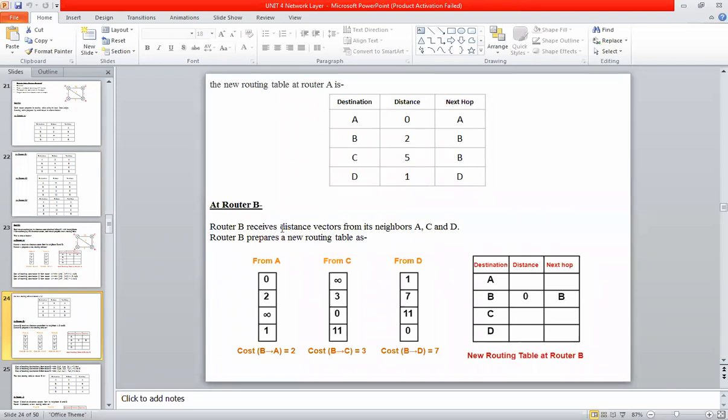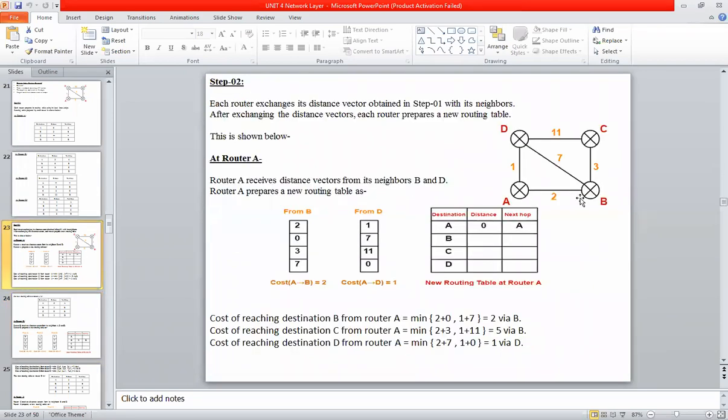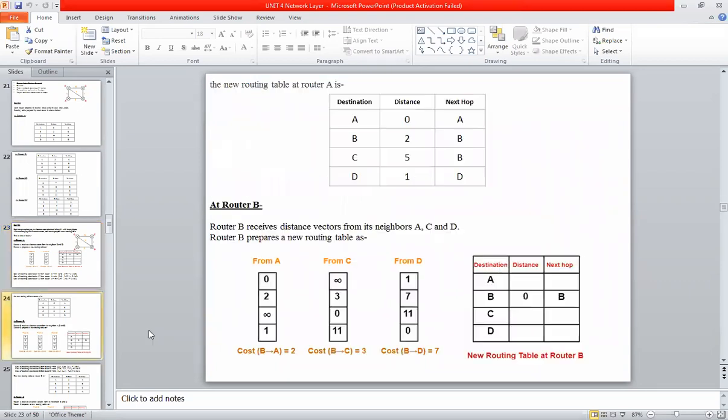Router B receives a distance vector from its neighbors, that is A, C, and D. For A, the destination is 0, and from A to B, that is 2.